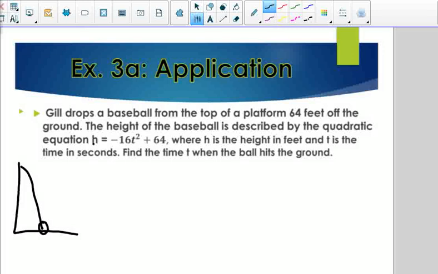So if I take this equation here and put 0 as the height, because the height's going to be 0 when it hits the ground, 0 equals negative 16t squared plus 64. Now here, I can just factor this equation.